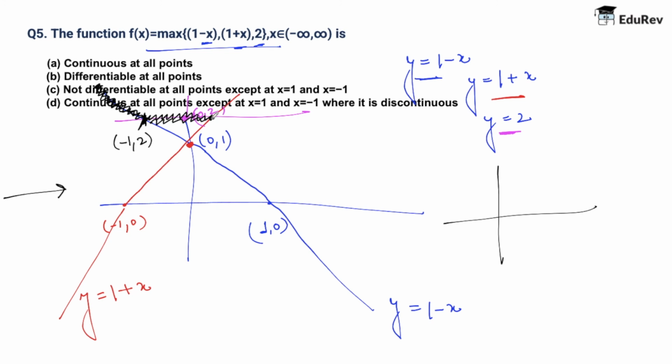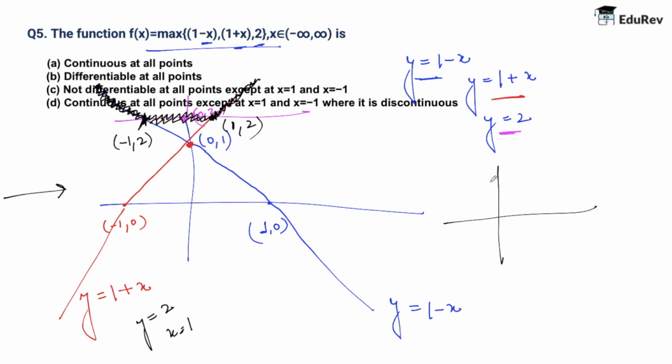Then there comes this point, that is y equals 2 and x equals 1. So this is the point (1, 2), correct? From (1, 2) till infinity, the red curve is going to be the maximum of all the curves.